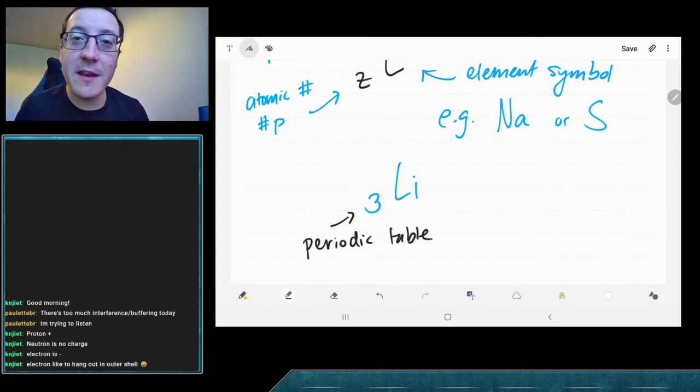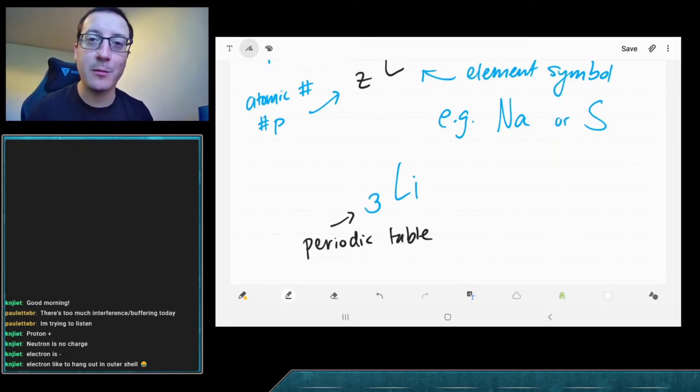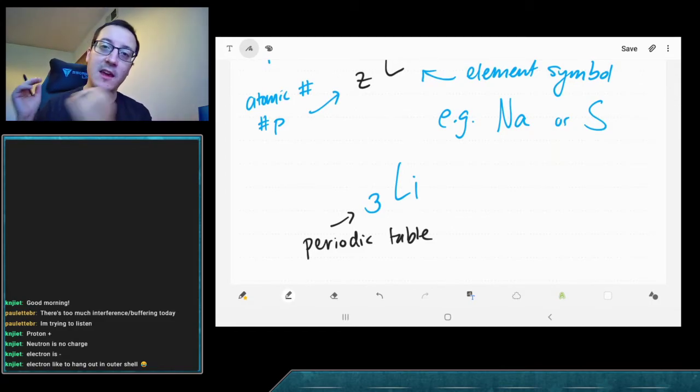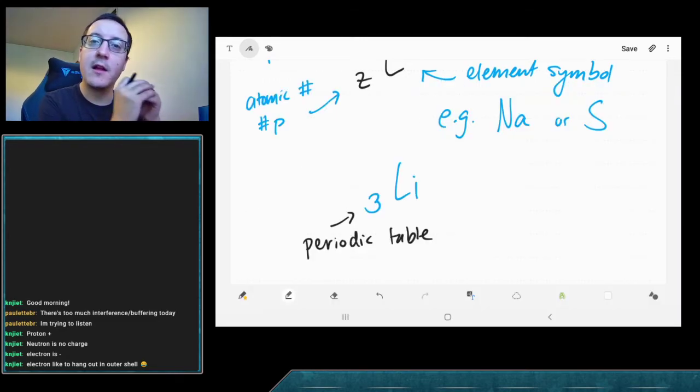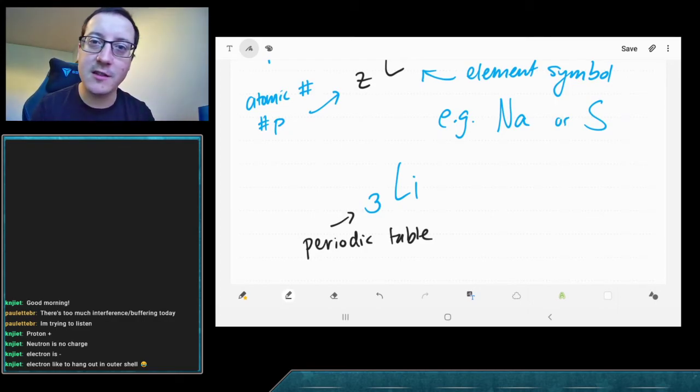The periodic table is organized by these atomic numbers. Hydrogen has 1, helium is 2, then lithium, beryllium, boron, carbon, nitrogen, oxygen, fluorine, neon, etc. They're organized by these atomic numbers.